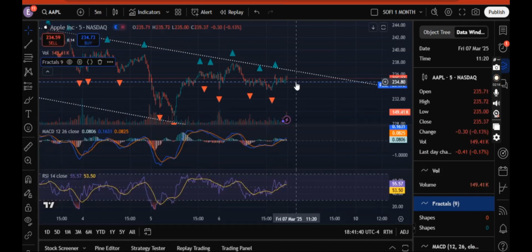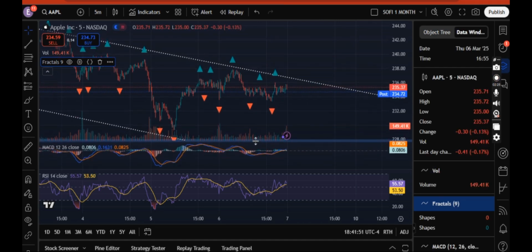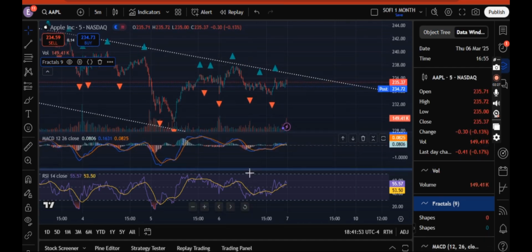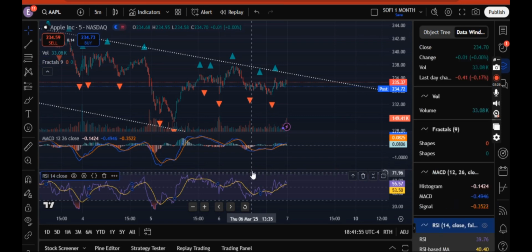So this is typically my type of setup. There's one thing that is missing. Let's create some space here.